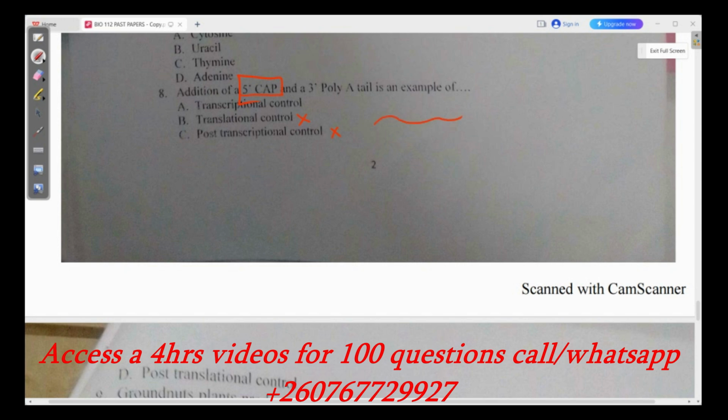As soon as mRNA starts to be synthesized, the 5' end has to be protected from degradation. So capping will take place here to prevent this 5' end from being degraded by enzymes of the cell. So it's not part of the post-transcriptional control, but it's part of the transcriptional control.